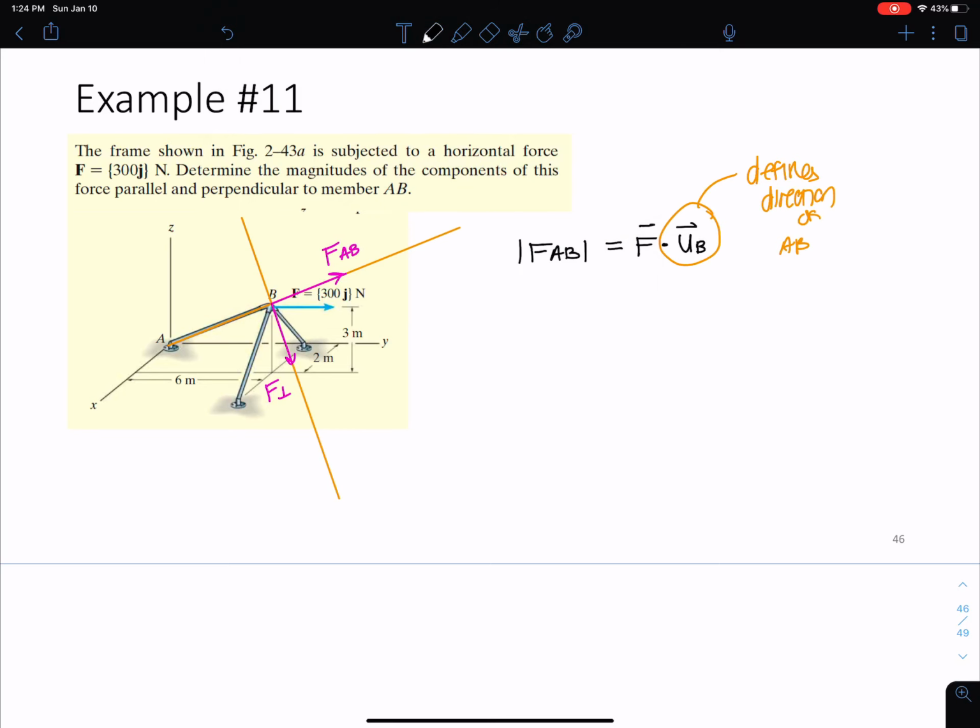Okay, so the first thing I want to do is figure out what that unit vector is. So unit vector, let me define my direction.